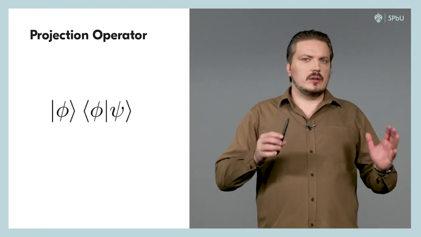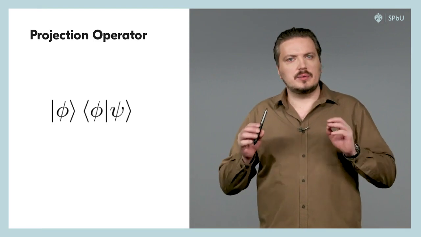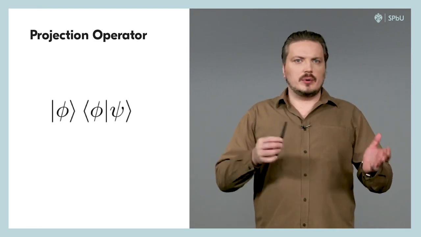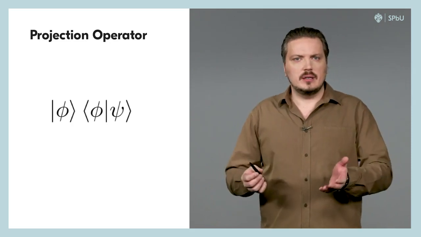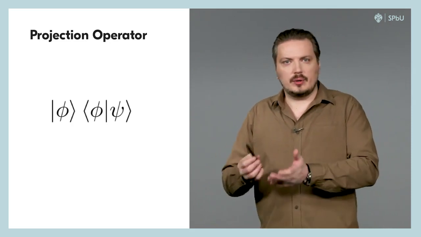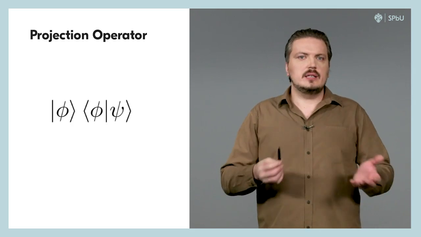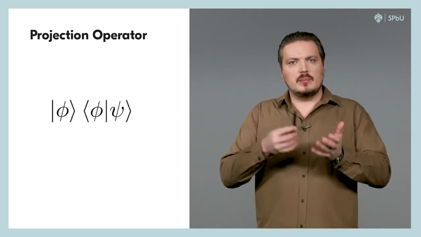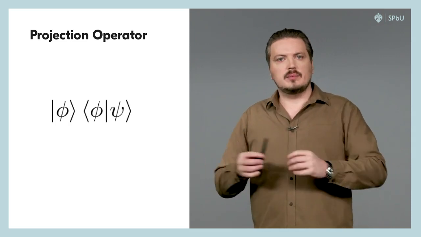Consider the action of this operator on some vector psi from our state space. If we write the operator and then vector psi, as we usually do when we apply an operator to a vector, we can see this expression is just ket phi multiplied by the scalar product of phi and psi.